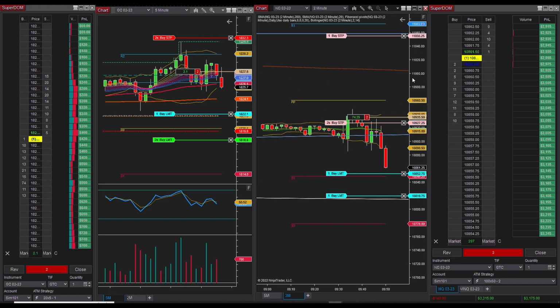Right there, so I secured my trade on Nasdaq. Hopefully it's going to touch my second target. We'll see. Come on, almost there. You're almost there.